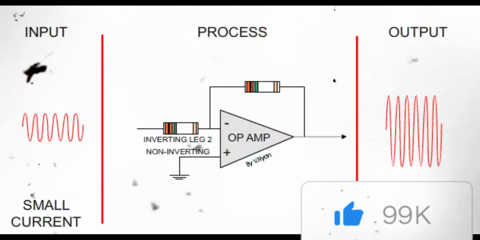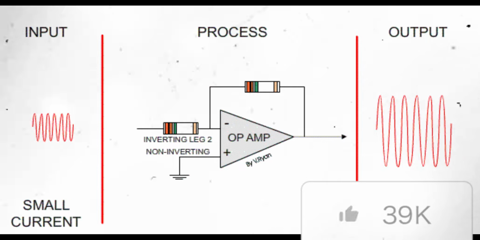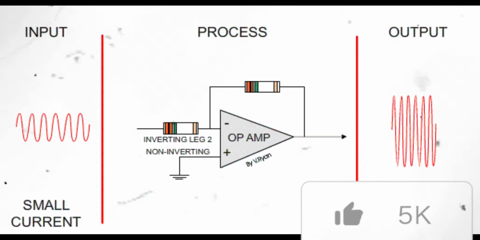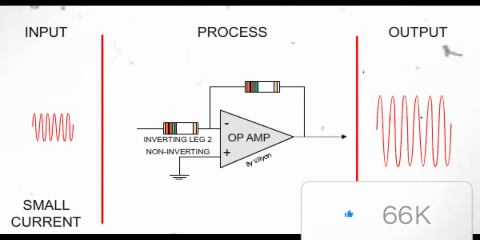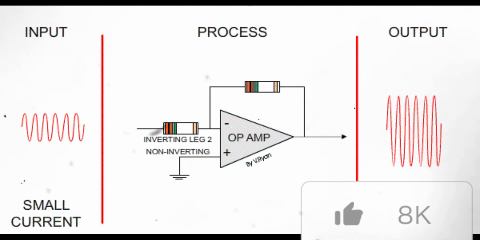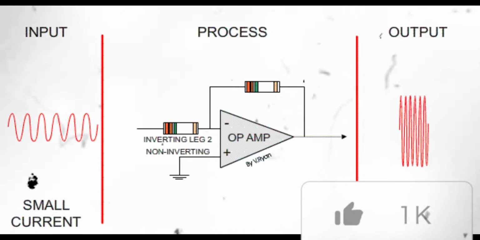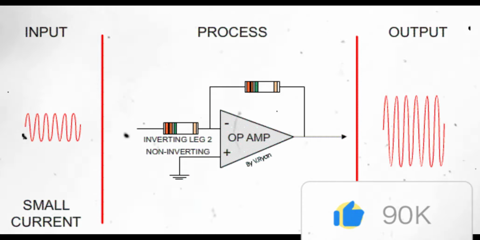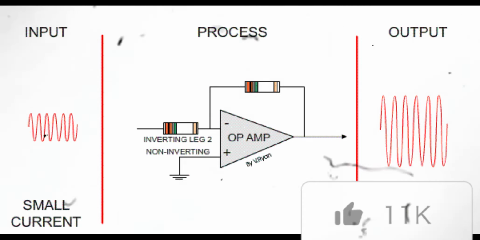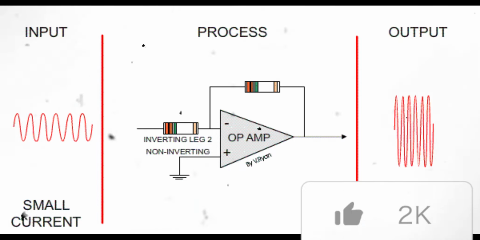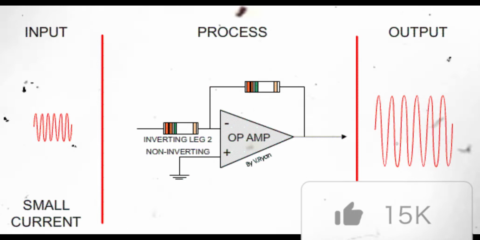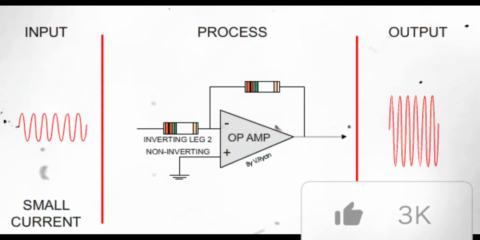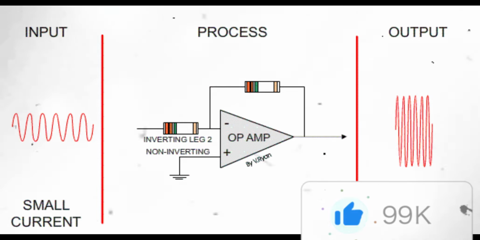First is gain. One of the most distinctive characteristics of an op amp is high gain. Gain measures an op amp's amplification factor, or how much larger the magnitude of its output is compared to its input. It's typically called an open loop gain, or a large signal voltage gain.